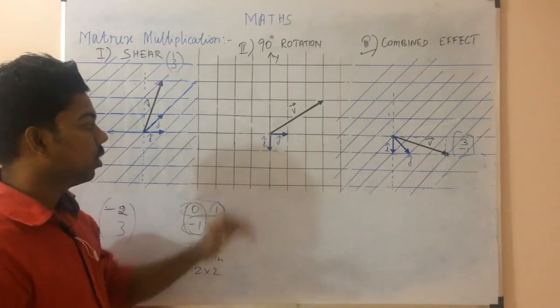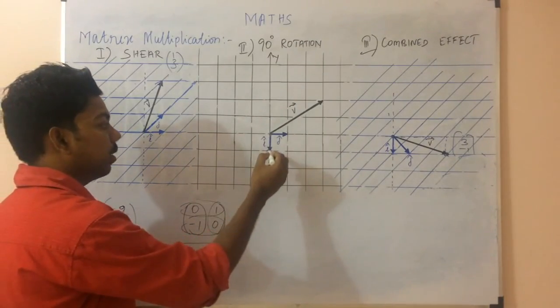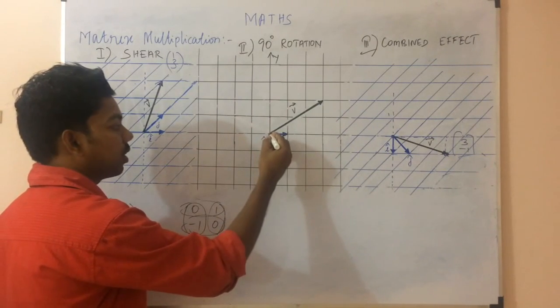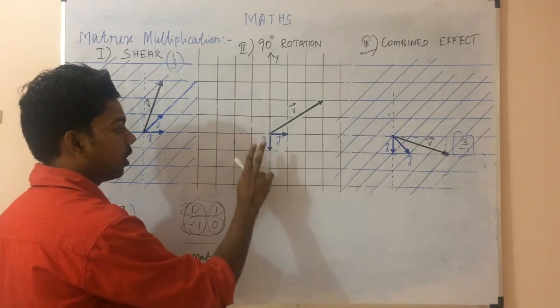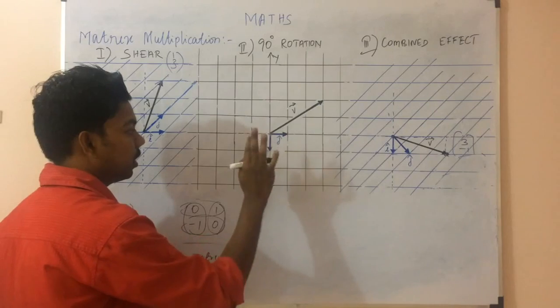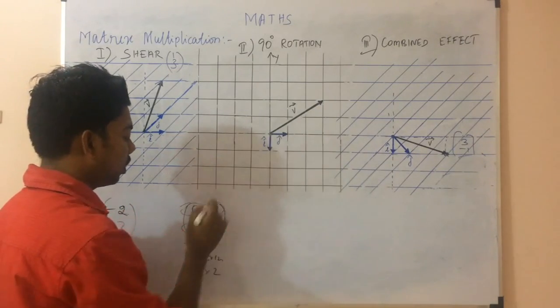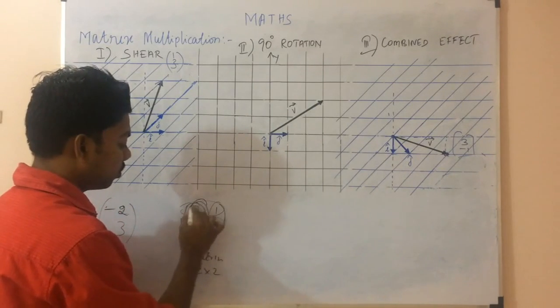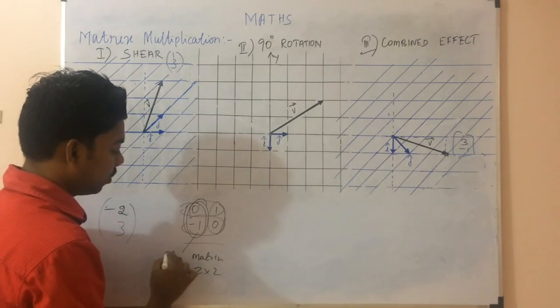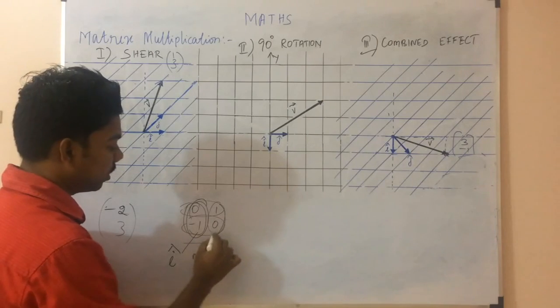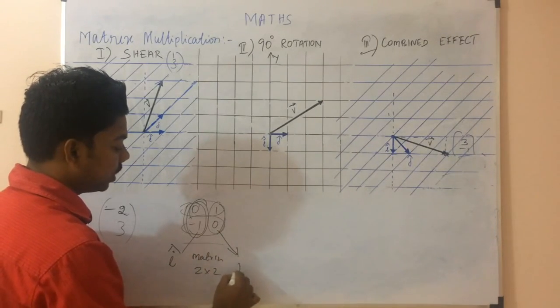So in 2 dimensions you have i cap and j cap. For i cap it has 2 coordinates, and for j cap it has 2 more coordinates. So totally 4 coordinates. So this denotes where i cap lands, and this denotes where j cap lands.